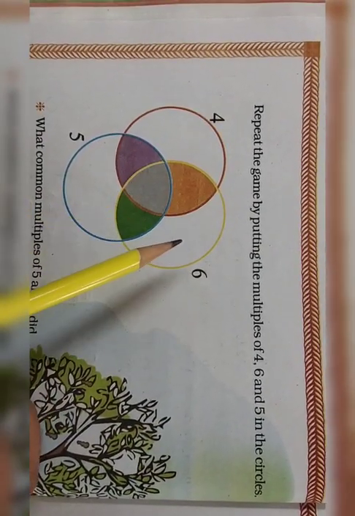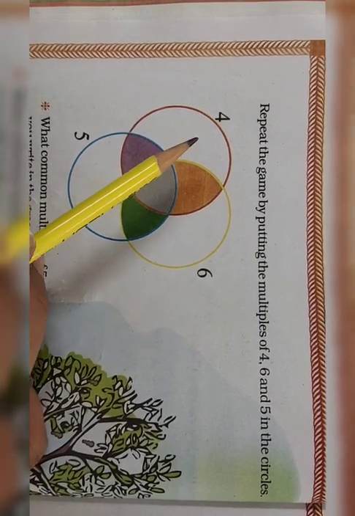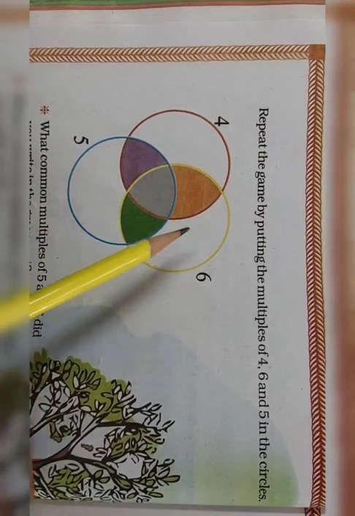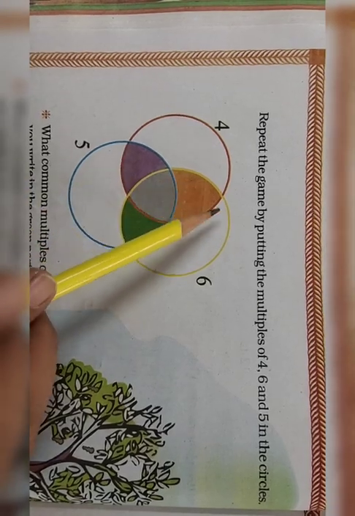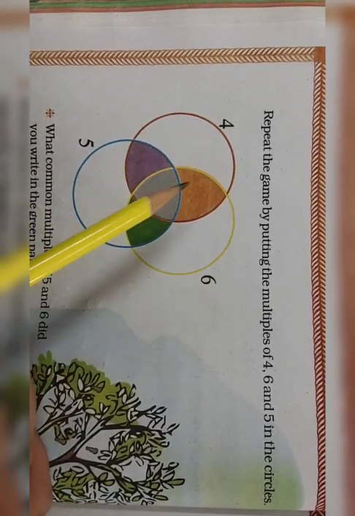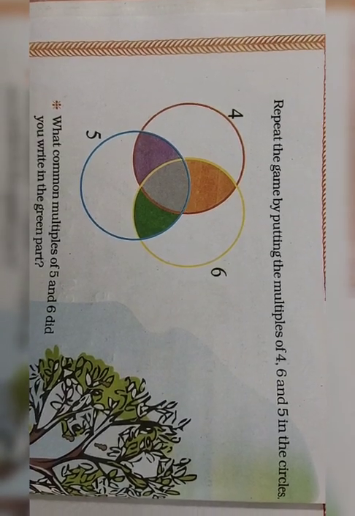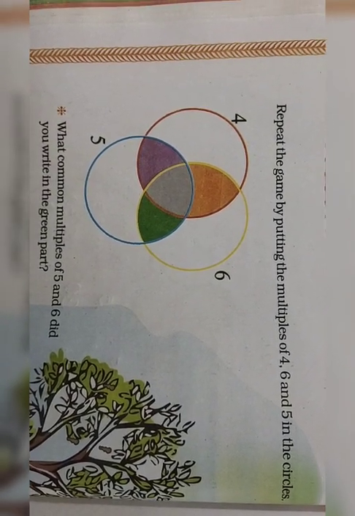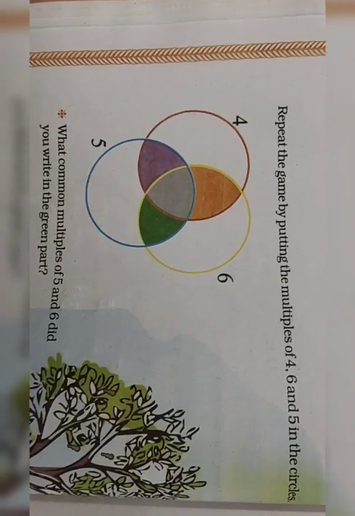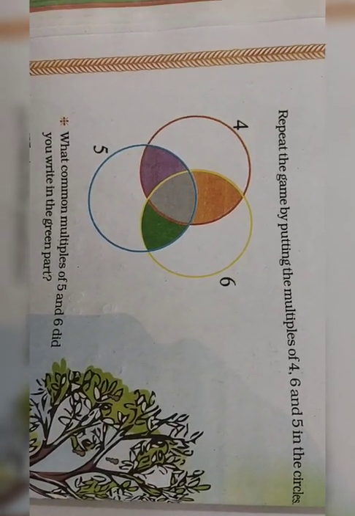Here there are 3 circles, isn't it? 4, 6 and 5. Students, this type of pattern where circles overlap, in maths we call a Venn diagram. This we will study in future, in higher standards. Okay.